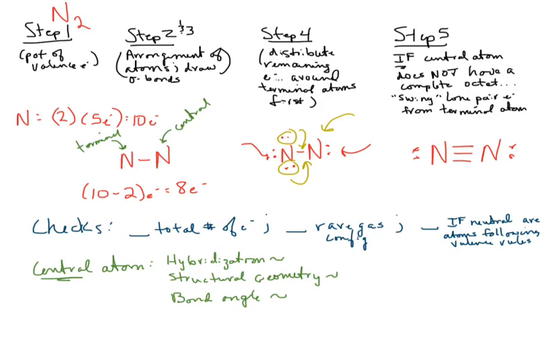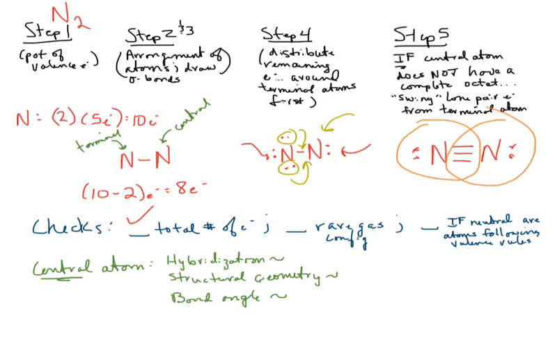Okay, so let's do our checks. We had a pot of 10 electrons in step number 1. Notice we have 2, 4, 6, 8, 10. We have 10 electrons on our final Lewis structure, so that's cool. We're looking for a complete set of 8 electrons around both of the nitrogen atoms. If they share 6, good heavens, they are sharing a lot.